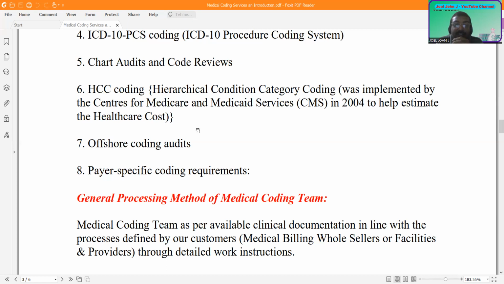Commercial insurance companies also hire a lot of coders. This is a place where the coding team works for the insurance company. Once they get the details of the patient, they send it for commercial coding. There are some kinds of EPO plans, which are exclusive provider plans. That's the exclusive provider organization, the full form for EPO plan.